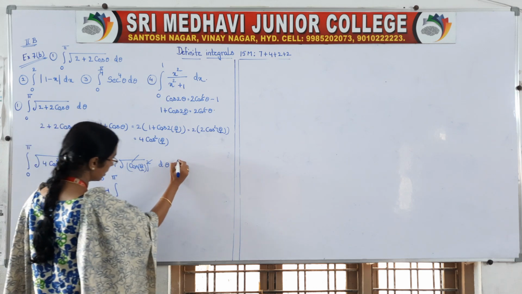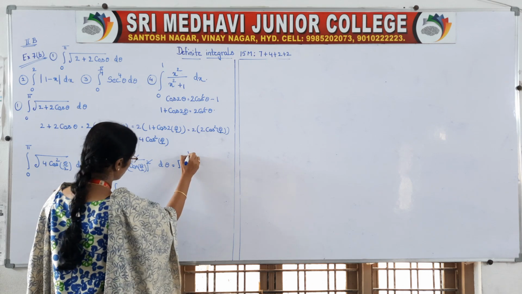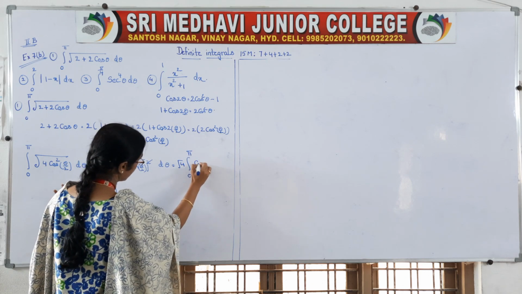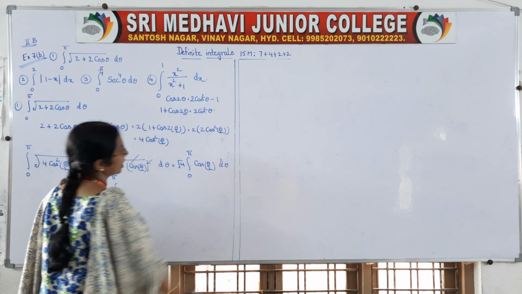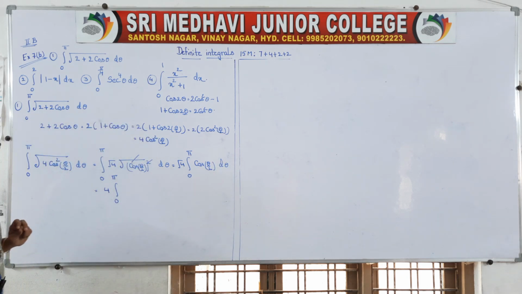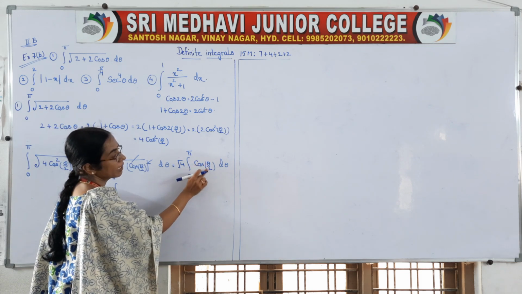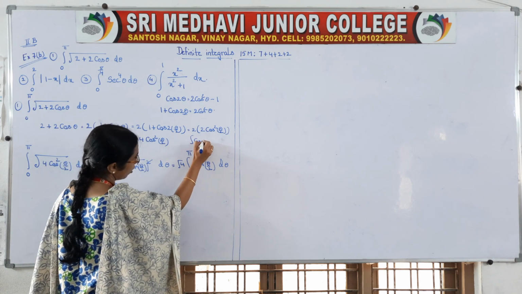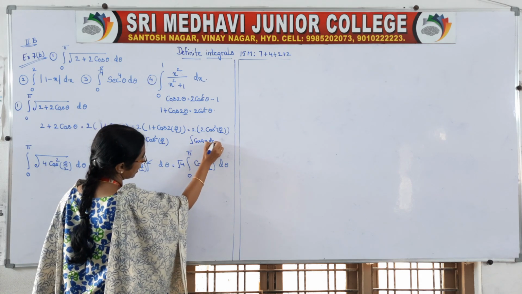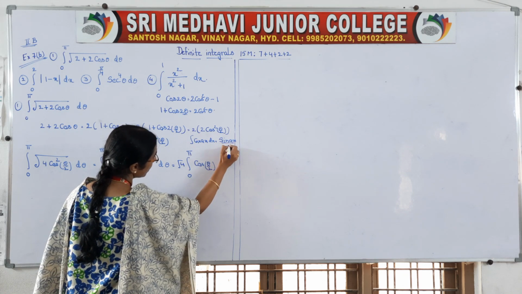Otherwise let me write clearly here: root 4, integral 0 to pi, cos theta by 2 into d theta. Integral cos theta is sin theta, but here it is sin theta by 2. So integral cos ax dx is equal to sin ax by a.